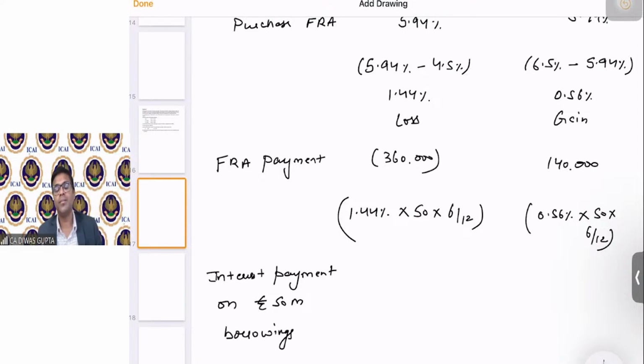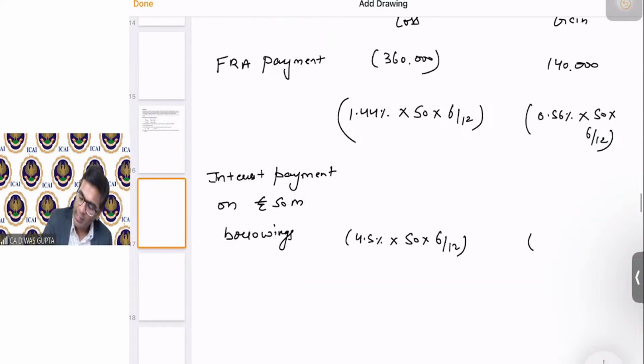will be how much? Now, again, Gurram, if you see here, we have calculated the difference first with the FRA. Now the interest payment will be basis the actual payment, correct? So this becomes how much? 4.5% on 50 million euro for 6 months. Similarly, here it is 6.5% on 50 million for 6 months.